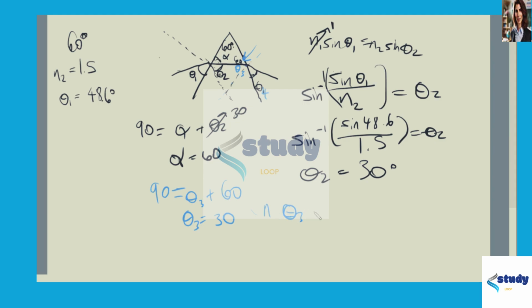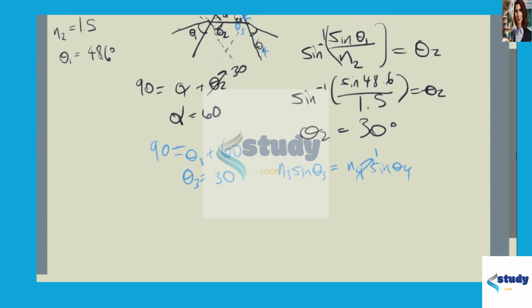We can say that n3 times sine of theta 3 is equal to n4 sine of theta 4. And we know that n4 is equal to 1 because the outside medium is air. N3 is 1.5.